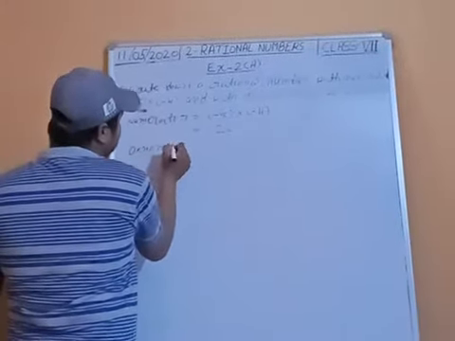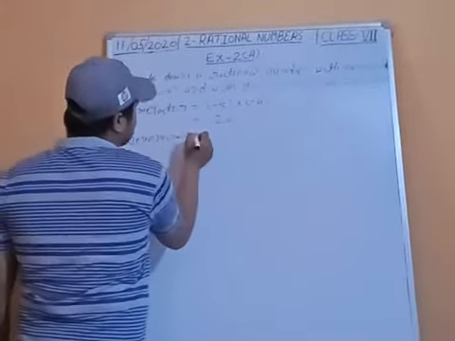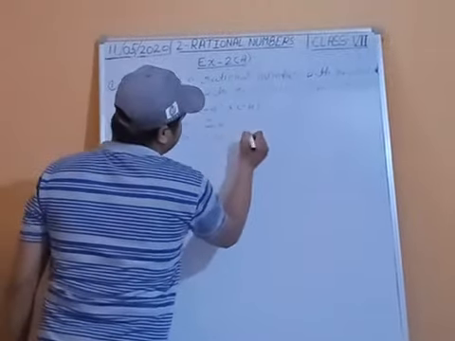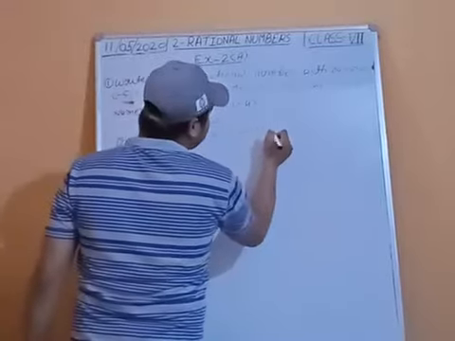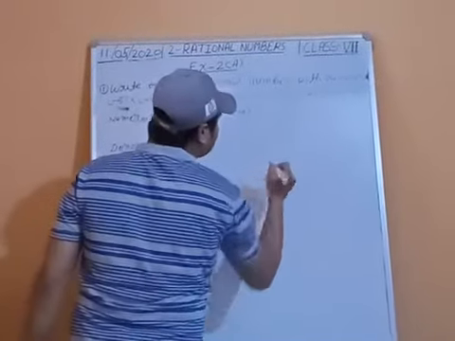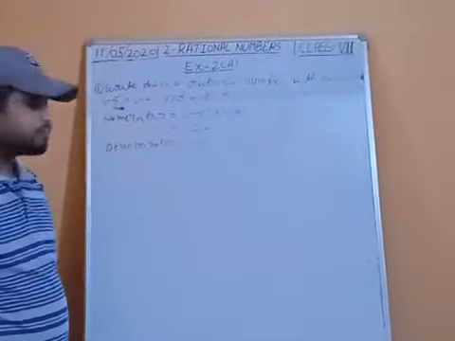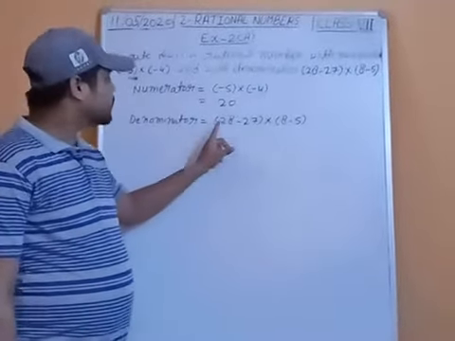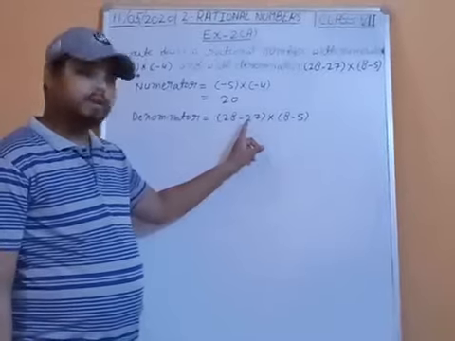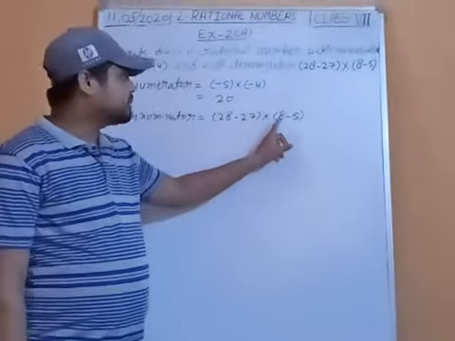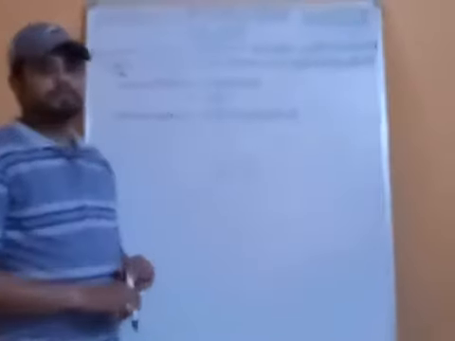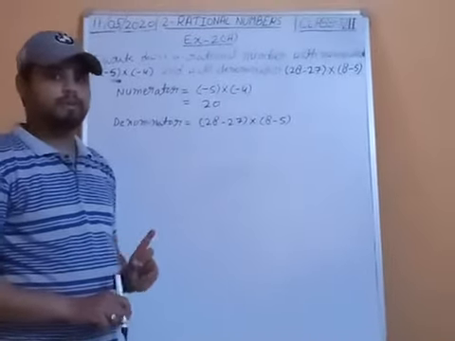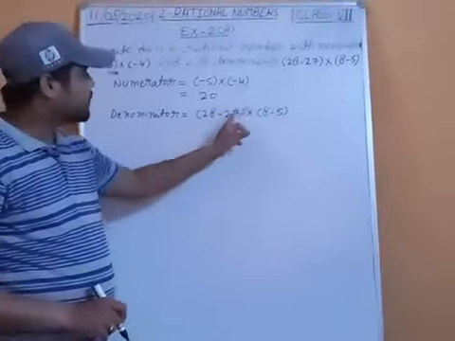Then denominator. Denominator is equal to 28 minus 27 multiply 8 minus 5. Same, we will use BODMAS. So denominator is equal to 28 minus 7 inside the bracket multiply 8 minus 5 inside the bracket. For this we will use BODMAS as we have done in the previous chapter. So first of all we will open the brackets.